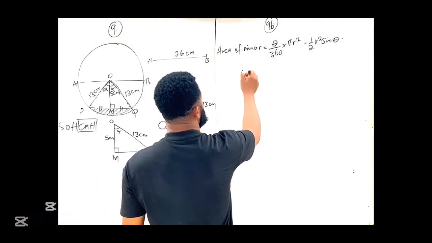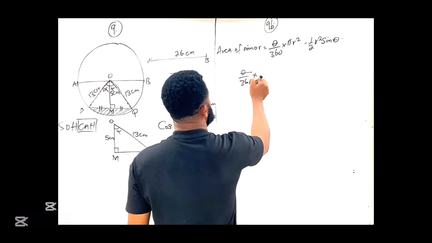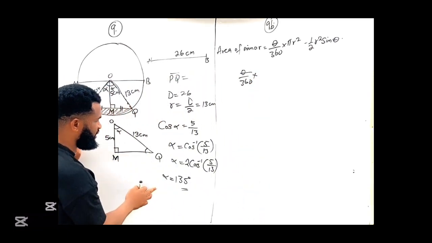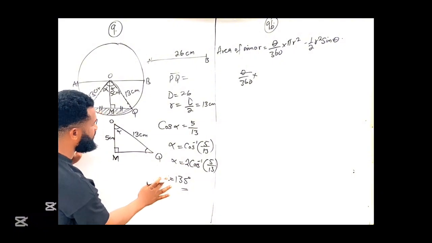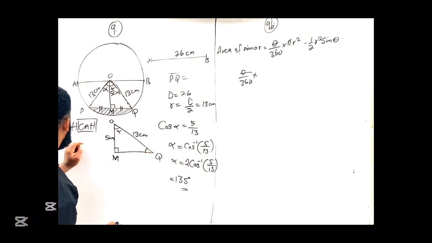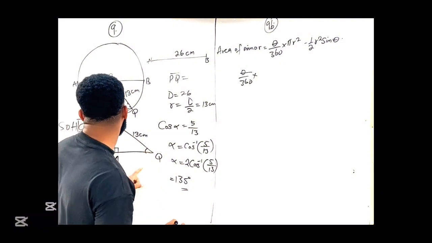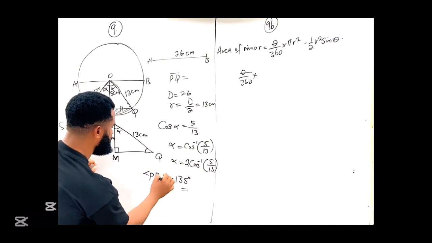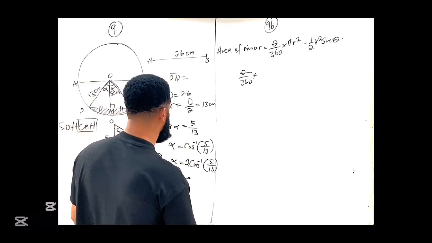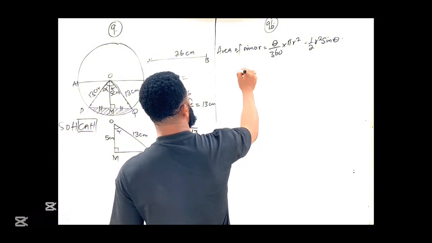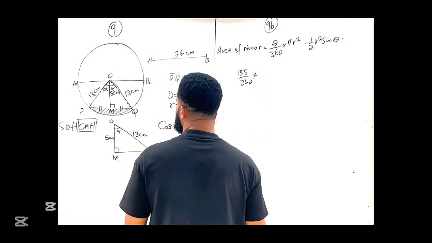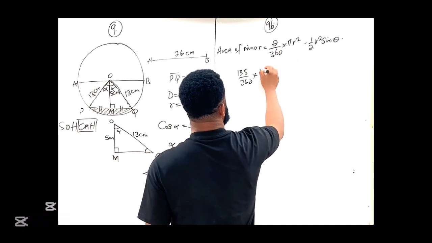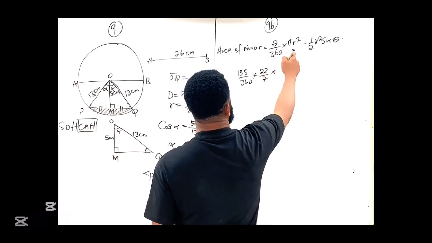So I'm going to have theta over 360 times, theta is the angle I was asked to find, POQ, which is given as 135. So 135 over 360 times pi, which is 22 over 7, times r squared.